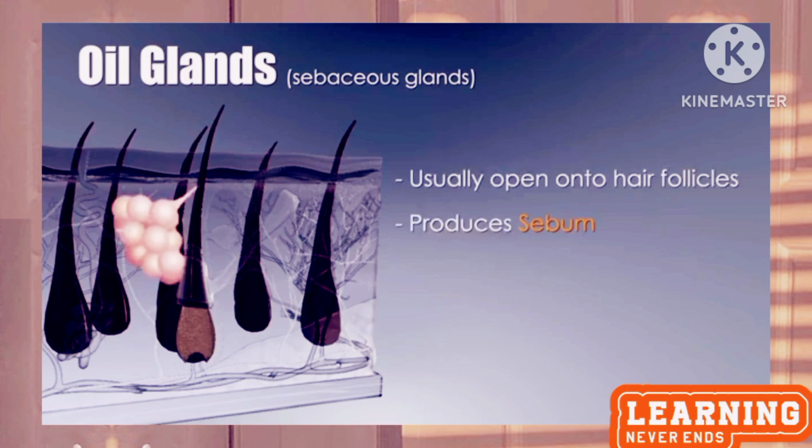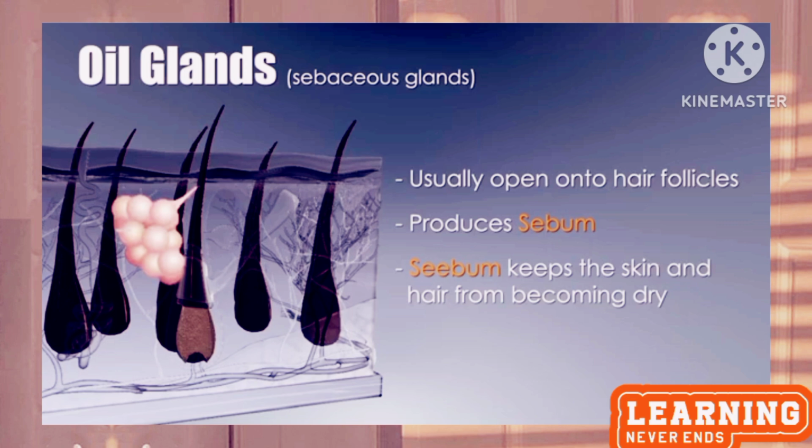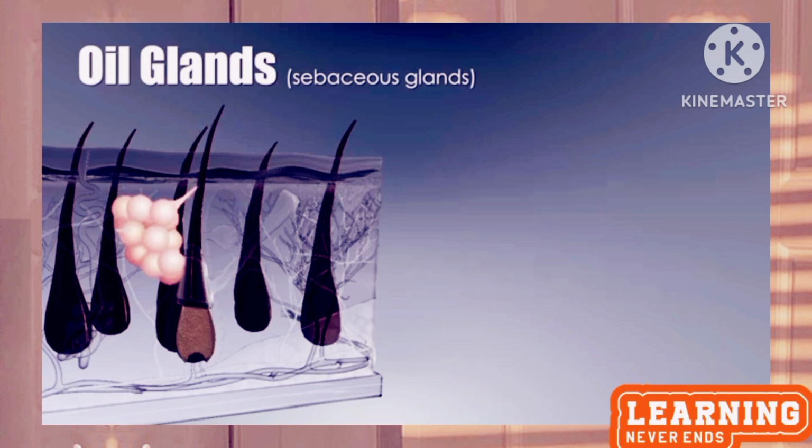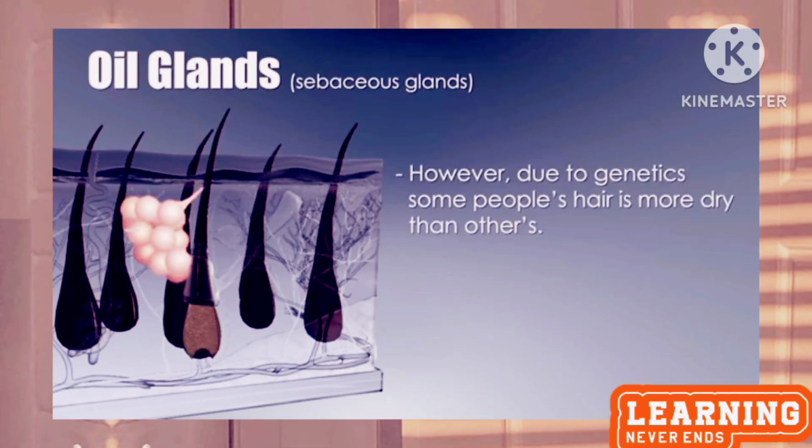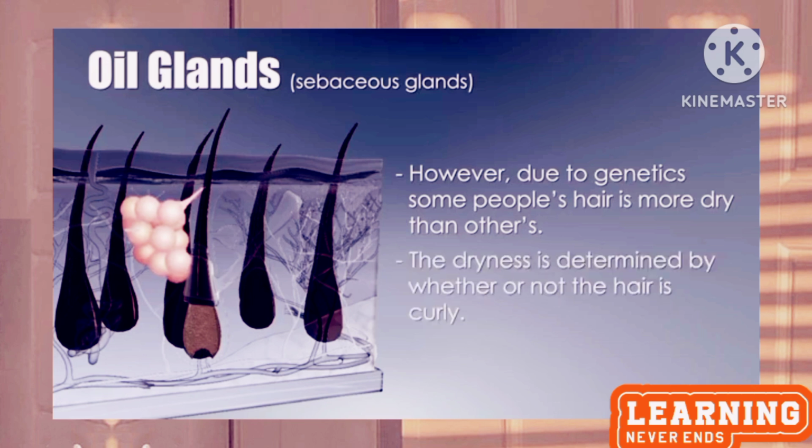These glands produce sebum, an oil that keeps the skin and hair from becoming dry. However, due to genetics, some people's hair is more dry than others. The dryness is determined by whether or not the hair is curly. The curlier the hair, the drier the hair, even when the amount of sebum produced is the same.